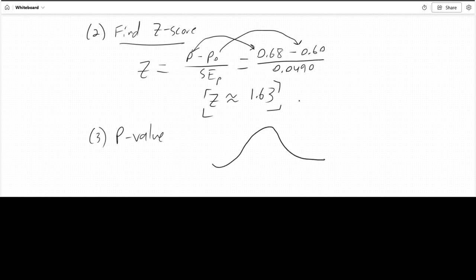So on our standard curve, which, as you recall, is calibrated to be averaged at 0, standard deviation of 1, we have this value on our one-tailed t-test, z, of 1.63. And so we want to find what's the probability that we saw this extreme of a value or more extreme.